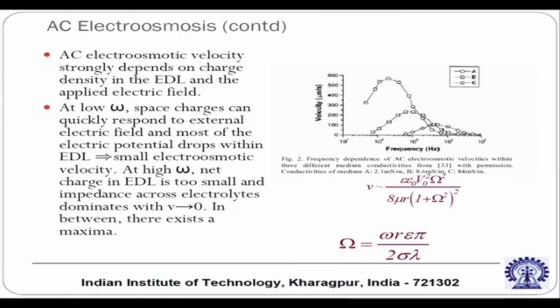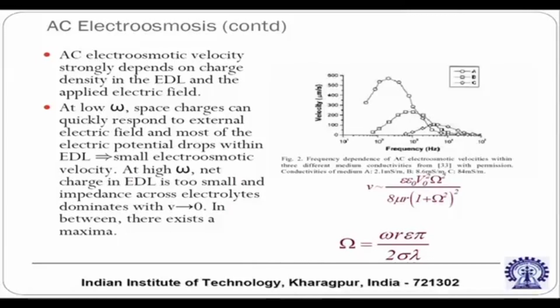A typical graph, of course these graphs are for various parameters, and these are some experimental graphs taken from literature, you will see that at low frequency the velocity is low, at high frequency also the velocity is low, and at some intermediate frequency the velocity is maximum. So if you want to design a system for high velocity, you should go for the intermediate frequency. Now the question is why?